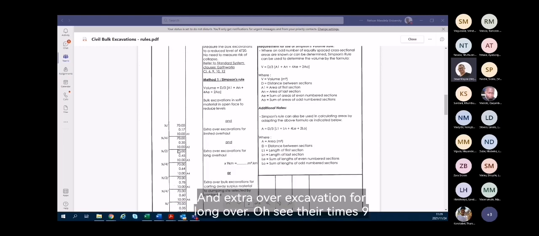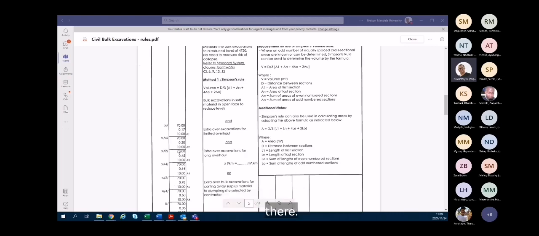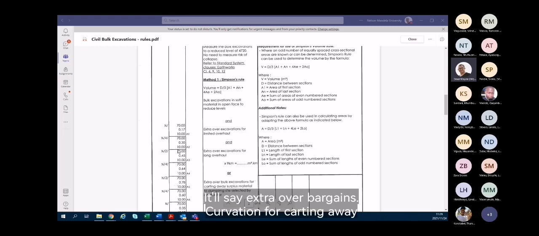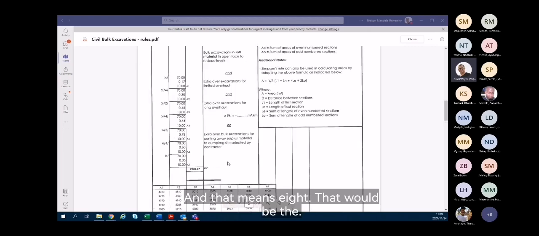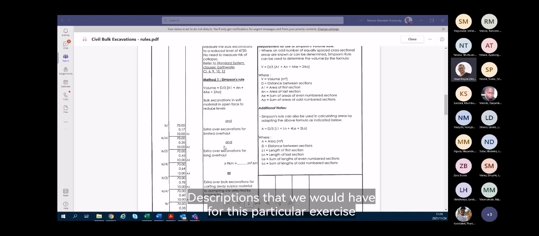So: extra over excavation for long overall, times 9 kilometers, which gives us the volume per kilometer to be added in that section. We also say extra over bulk excavation for carting away surplus material to a dumping site selected by the contractor. That would be the descriptions that we would have for this particular exercise or drawing.